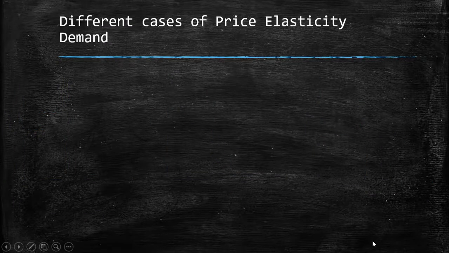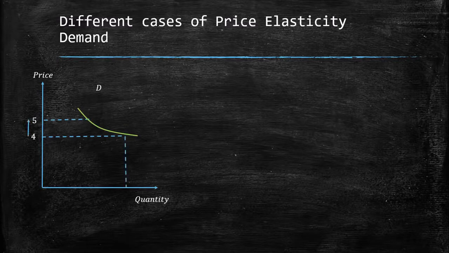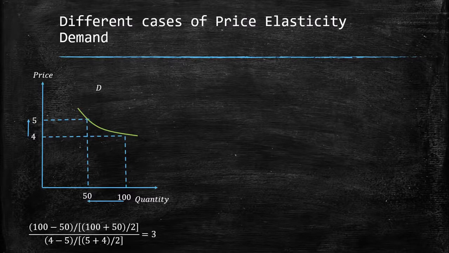Here we have the last two cases. So here again we have 4. The quantity demanded was 100, and it was 50 after the change. So if you realize, here I have 100 minus 50 and 4 minus 5. It could be 50 minus 100 and 5 minus 4.